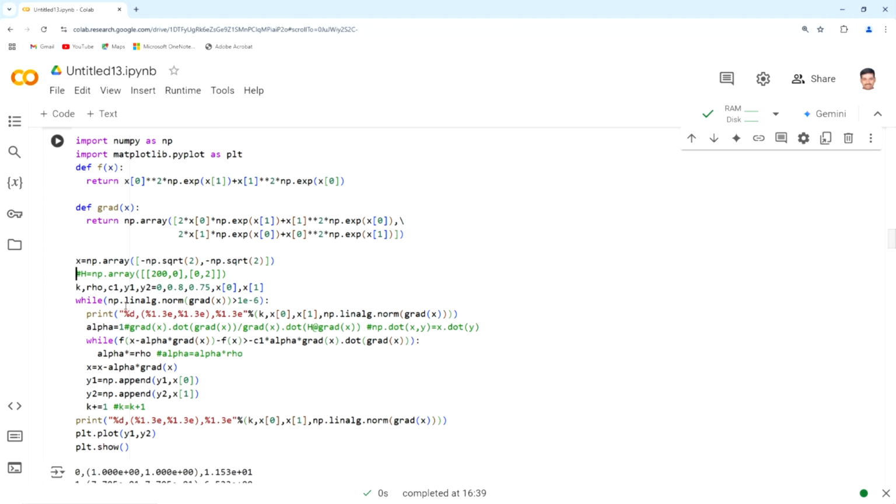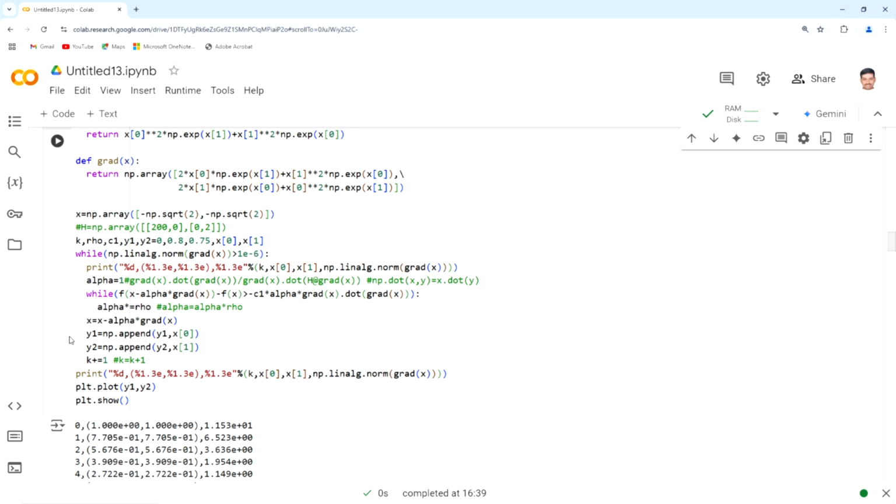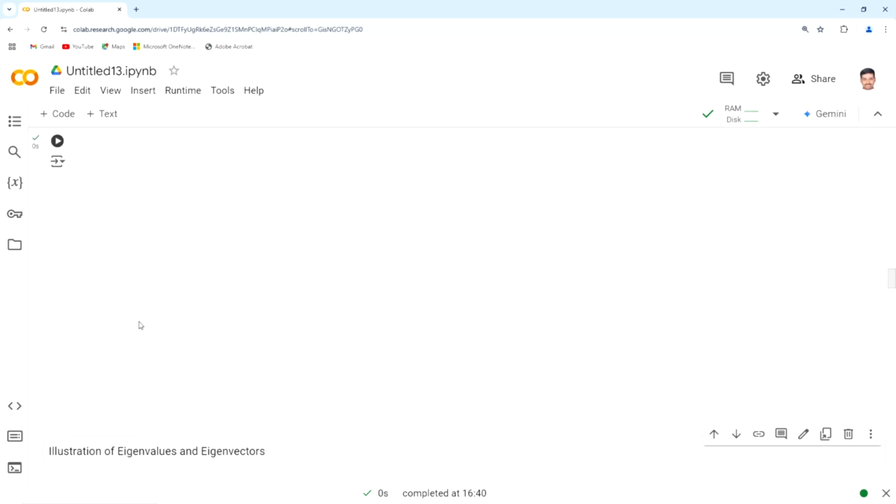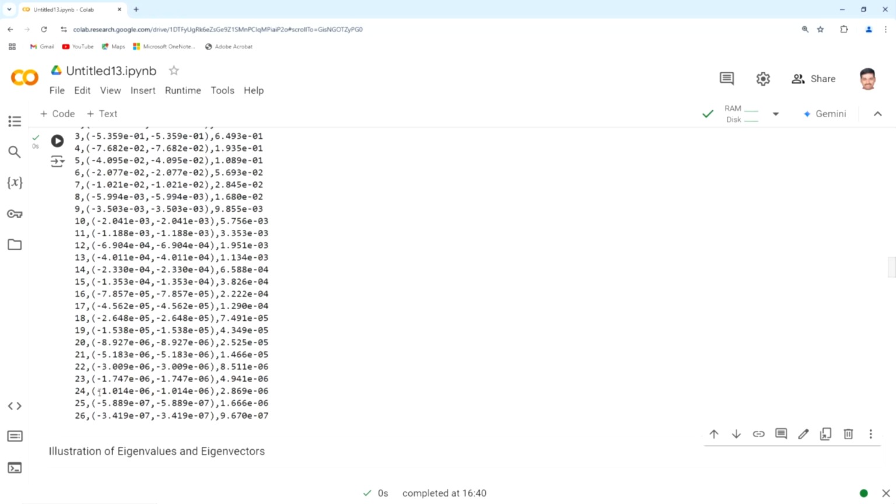Let us not plot anything, we will comment them out. Again it has taken 26 steps, slightly higher than Fletcher-Reeves. Fletcher-Reeves is usually a little bit faster than gradient descent. So, in 26 steps it has converged to (0, 0), which is the actual local minimum.